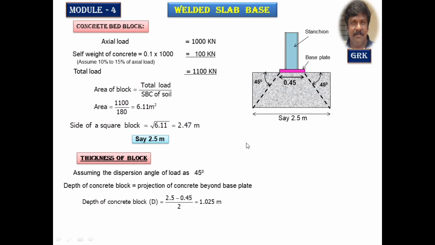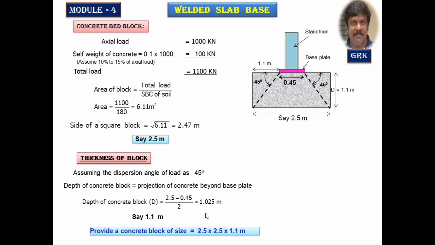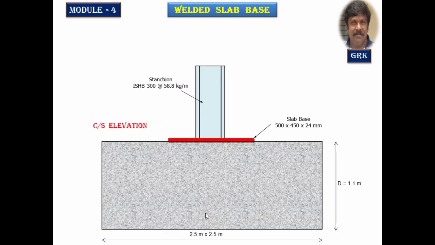It's 2.5 minus 0.45, divided by 2. It's 1.025. Let us make it say 1.1 meter as the depth of the section. The overall size of the block is 2.5 meter by 2.5 meter by 1.1 meter. This is the size of the concrete block required.